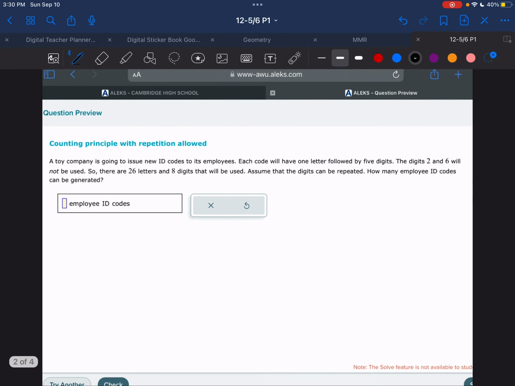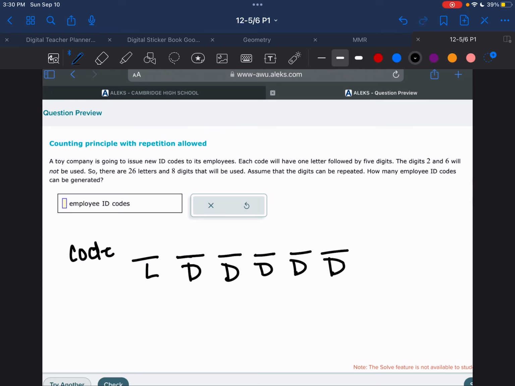The next one. A toy company is going to issue new ID codes to its employees. Each code will have 1 letter followed by 5 digits. So my code is a letter followed by 5 digits. So 1, 2, 3, 4, 5.